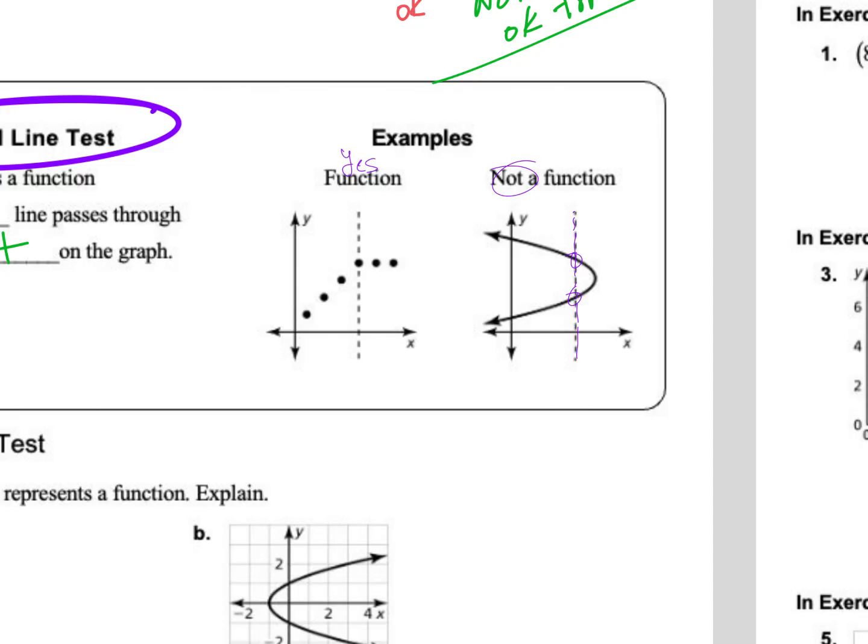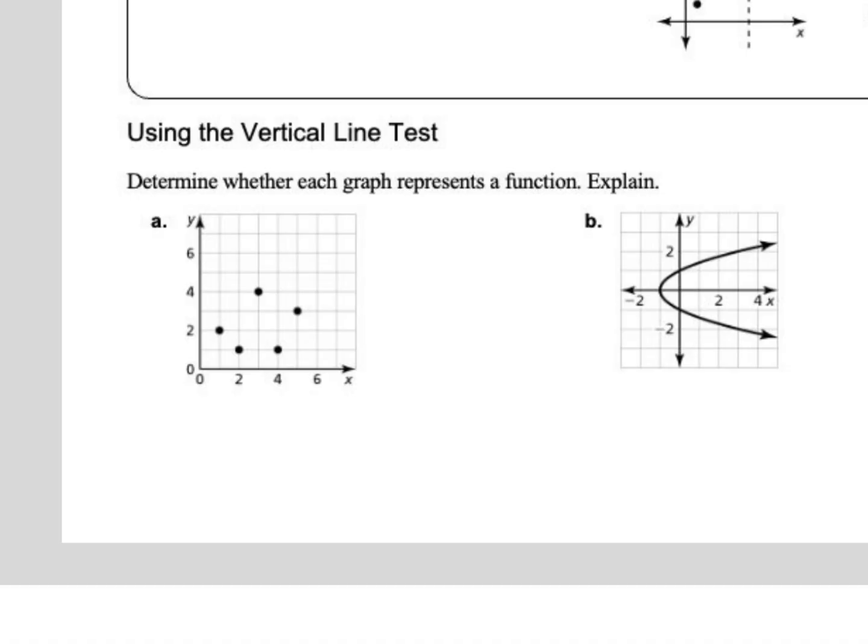Here, it repeats almost every time. It doesn't repeat right here, but it did repeat at least once, and so that's why it's not a function, right?